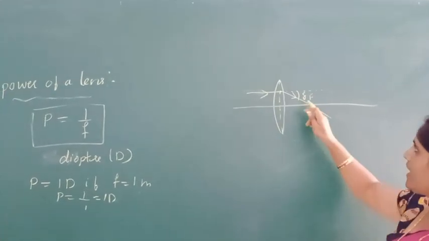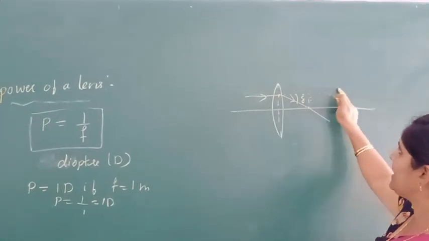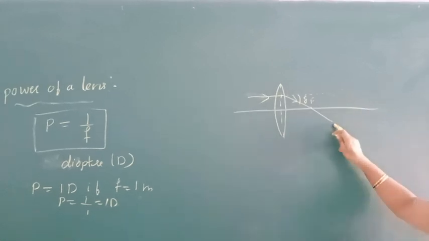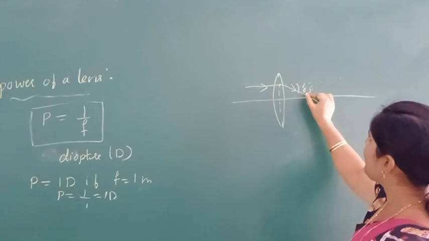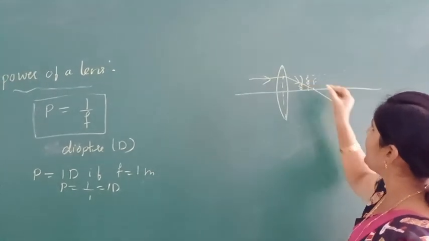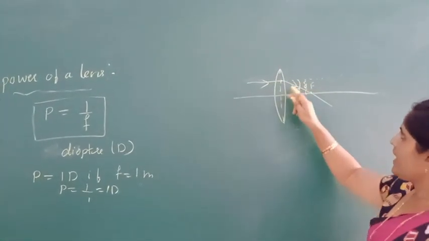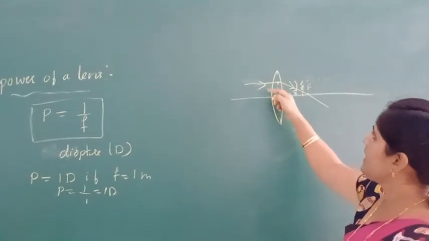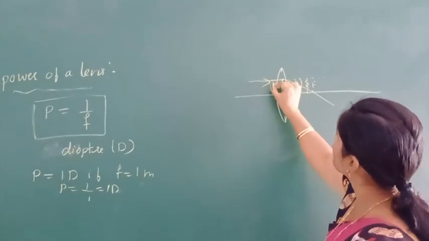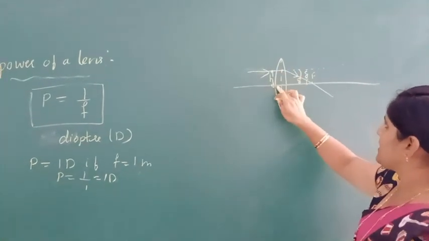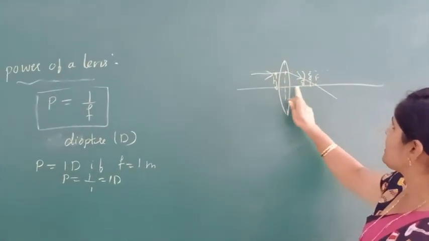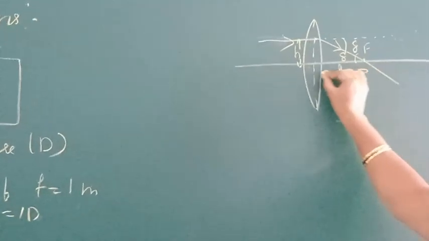That is the angle delta, the angle between the direction of the incident ray and the refracted ray. So if this angle is delta, then this angle is also delta. The incident ray is incident at a height h. So this side is h and this is the focal length, that is f.